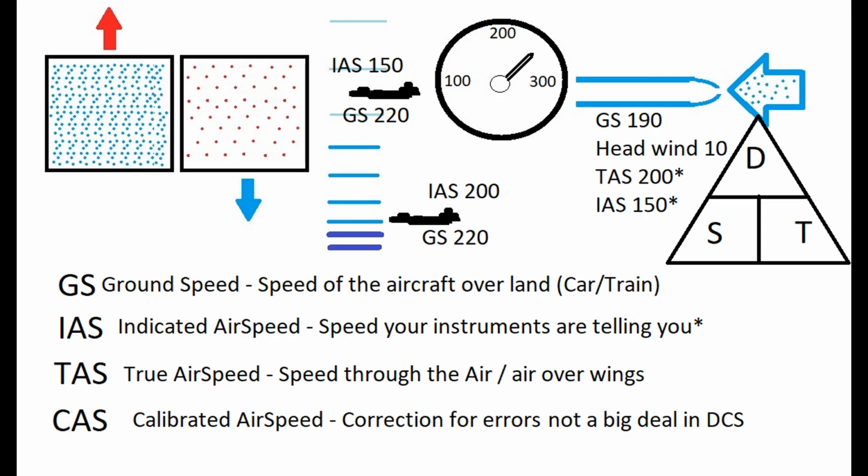I'm not going to go too much into the maths, but it's there, it works, you can use it, it's important for piloting. As far as I'm aware, it just works because it's worked forever.